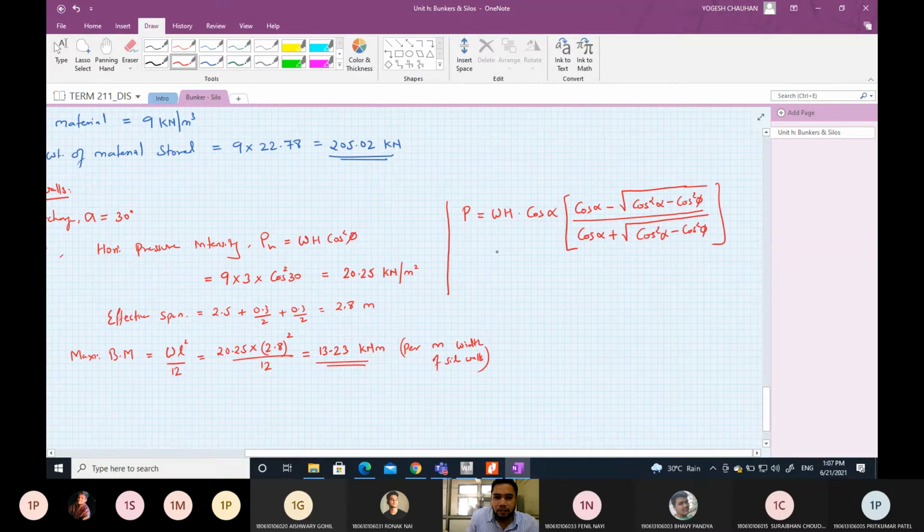Now here in this case, phi is equal to alpha, or we can say alpha is equal to phi. The angle of surcharge is equal to the angle of repose.